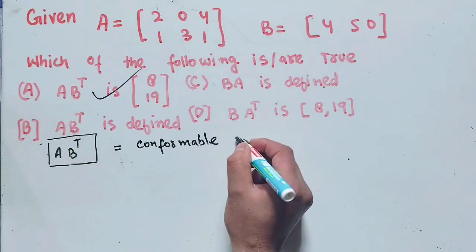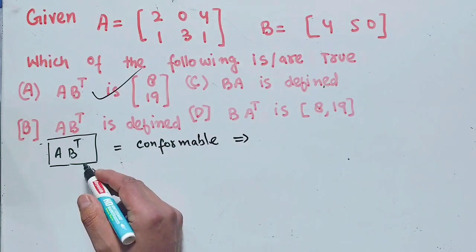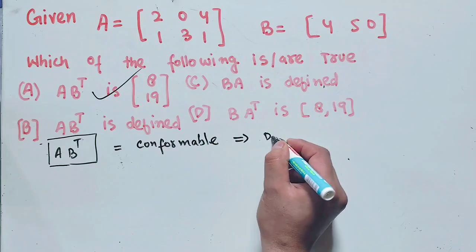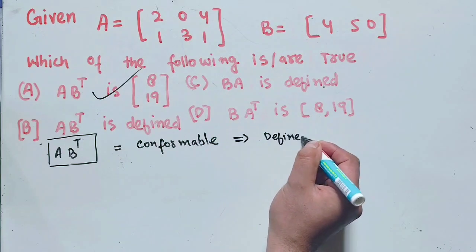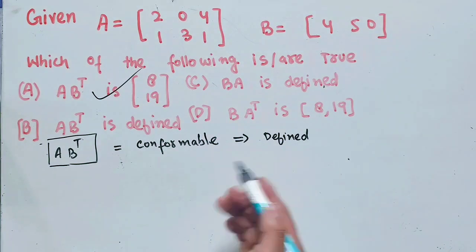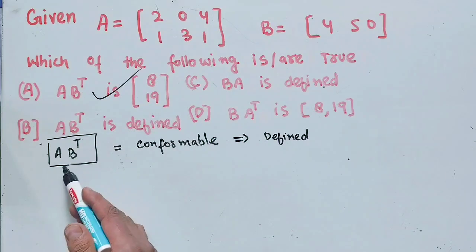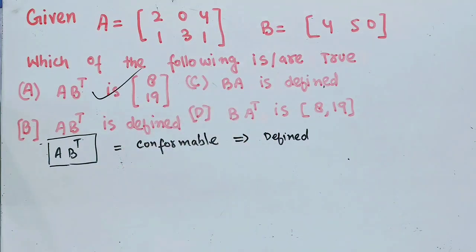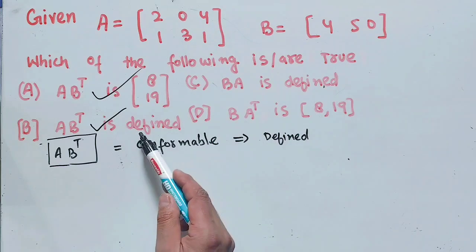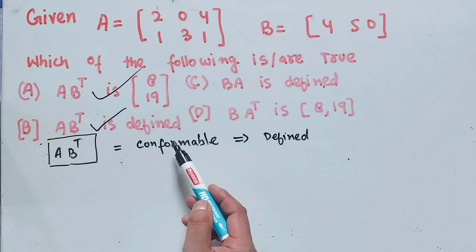If it is conformable, that means the product is defined. Earlier we saw that we can do the multiplication of A times the transpose of B. So this option is also correct, because AB transpose is defined if the product is conformable.